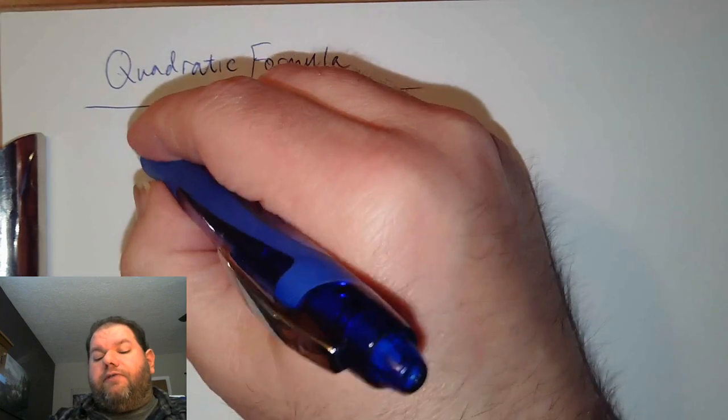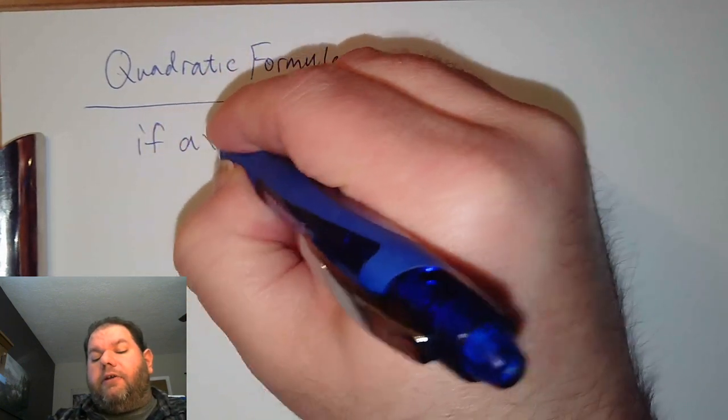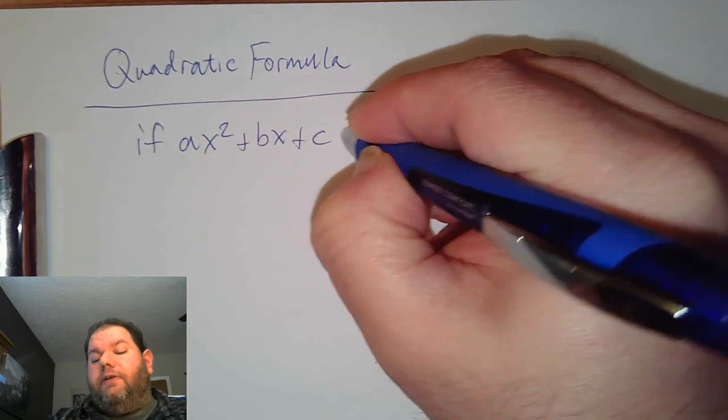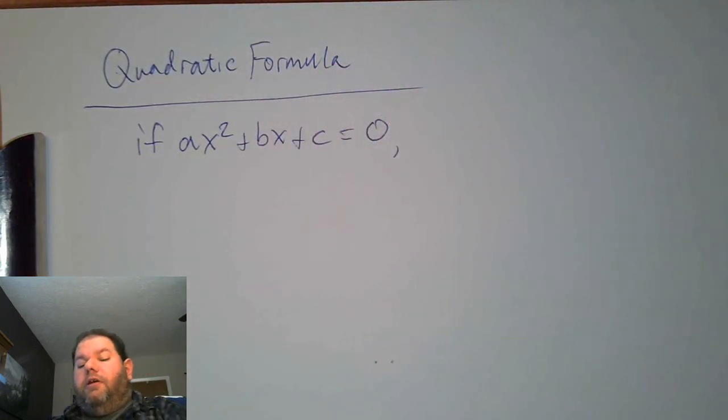And the idea of the quadratic formula says if ax squared plus bx plus c is equal to 0. Notice that we do have this requirement that the quadratic equation is equal to 0. If it's not equal to 0, then the formula is not going to give us our accurate solution.